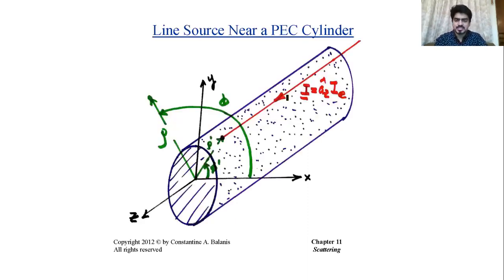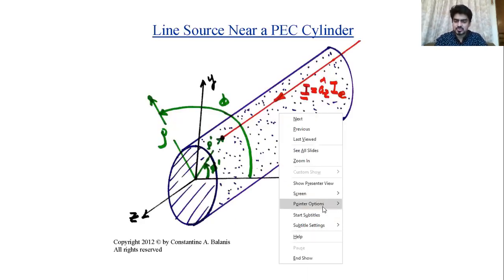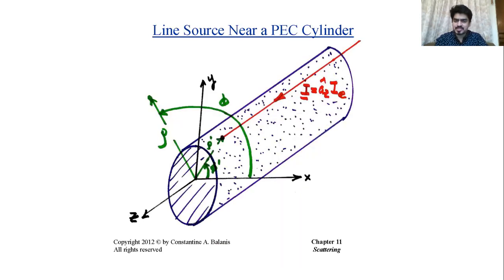So here you can see for the electrical line source that we have an electrical line source which is parallel to the length of your cylinder, and it carries IE electrical current, and this is the case which we considered last time.